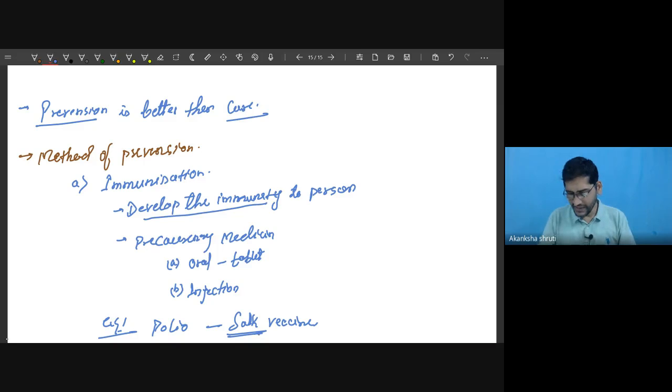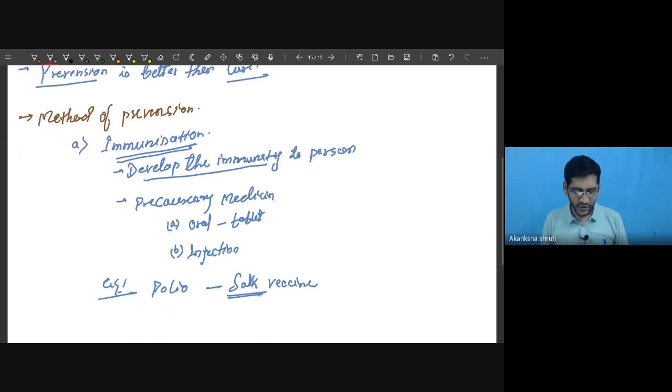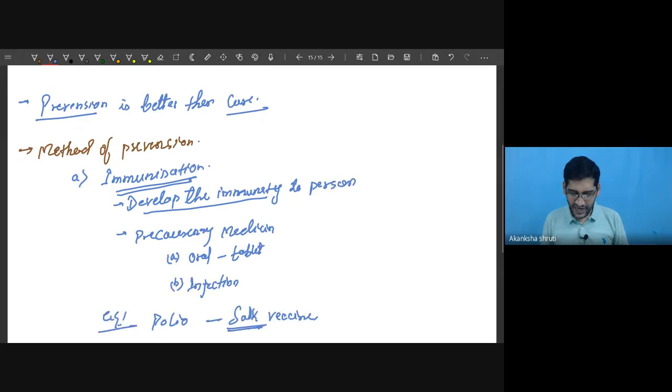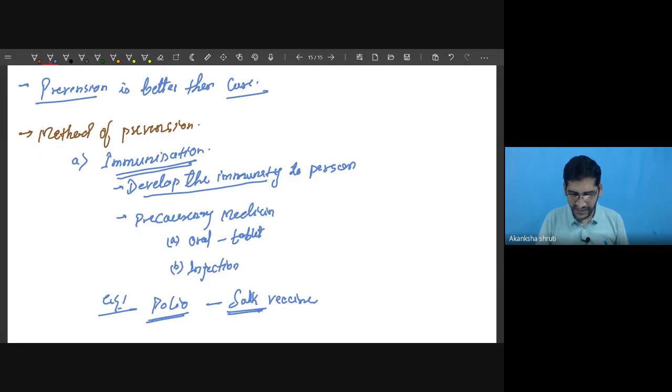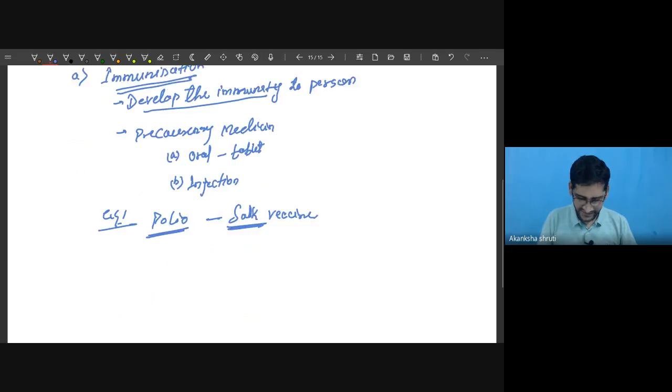This is given as an immunization or vaccination method to avoid the attack of polio at an early age. So you have to keep in mind, for polio, the Salk vaccine is given. Students, there are various other ones. For rabies also, there is the anti-rabies vaccine.